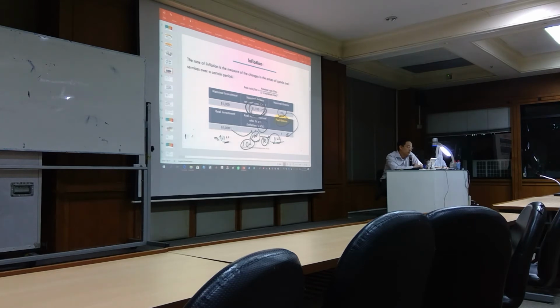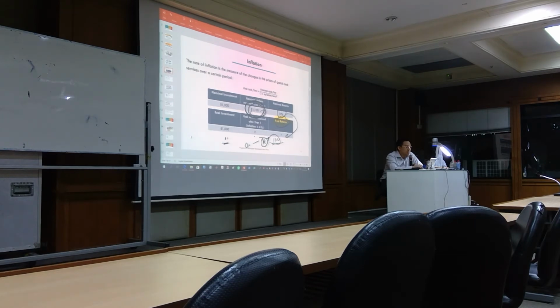So when we talk about RF here, that we use in the yield to maturity, when we calculate the bond valuation or something, we calculate the yield to maturity.